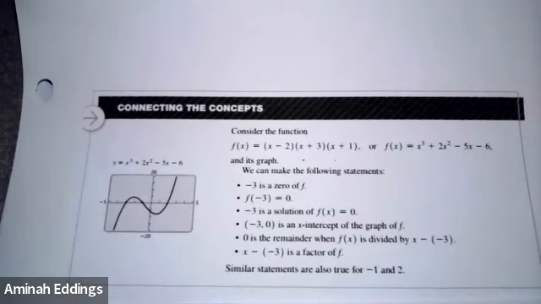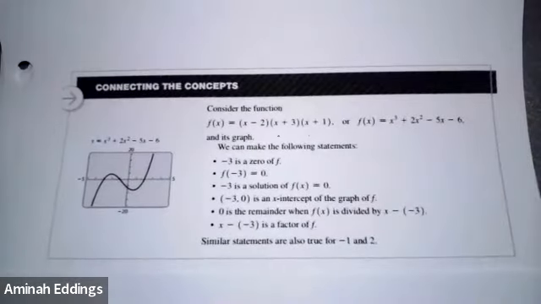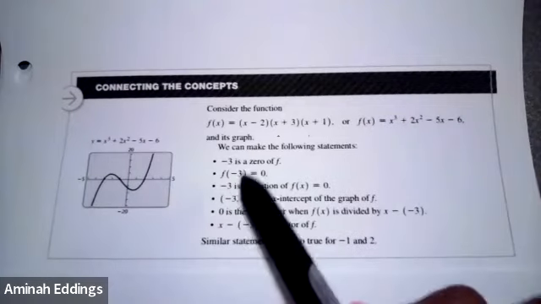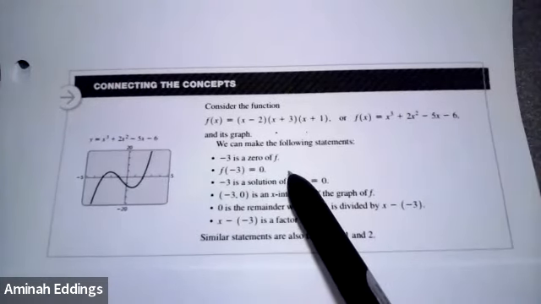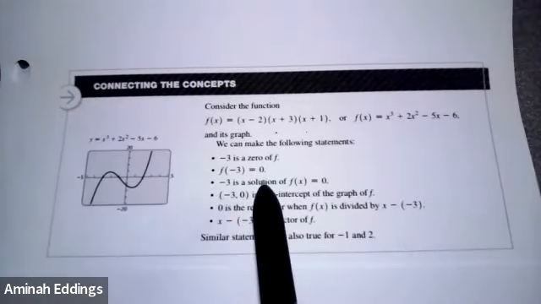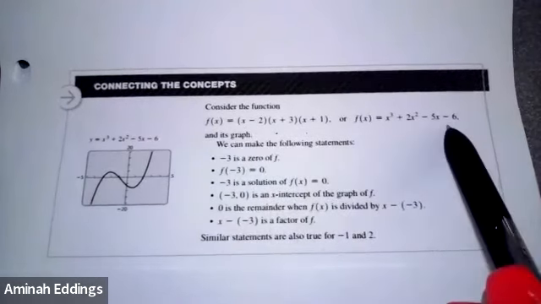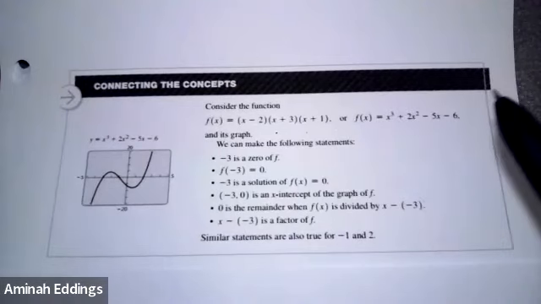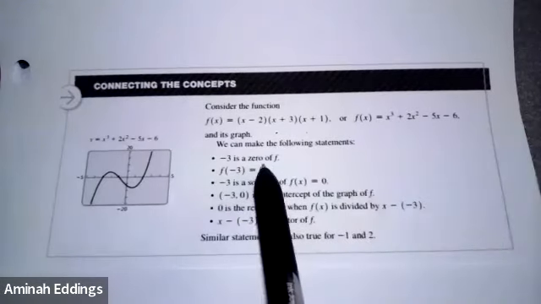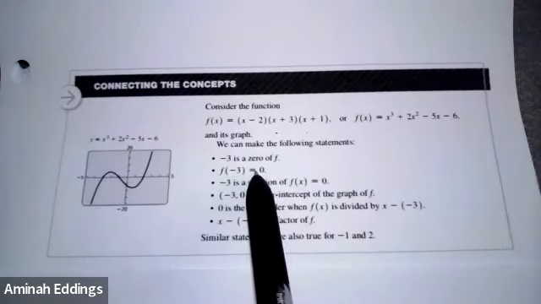Okay? That's the connection that we want you to see. So here, -3 is a 0. F of -3 is 0. So that means if we were to take -3 and plug it in, the remainder is 0. Therefore, our answer is 0.